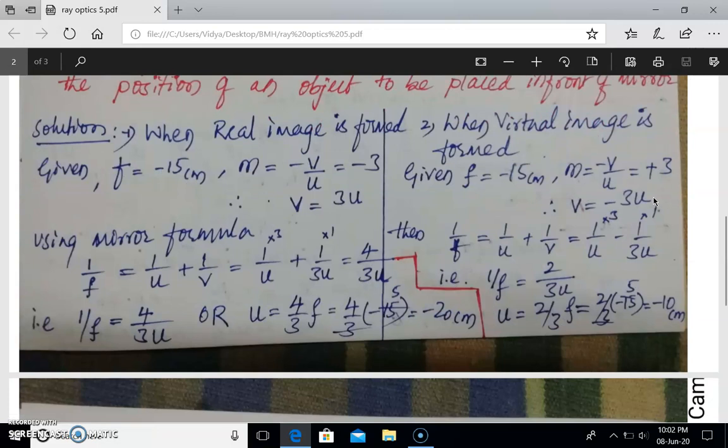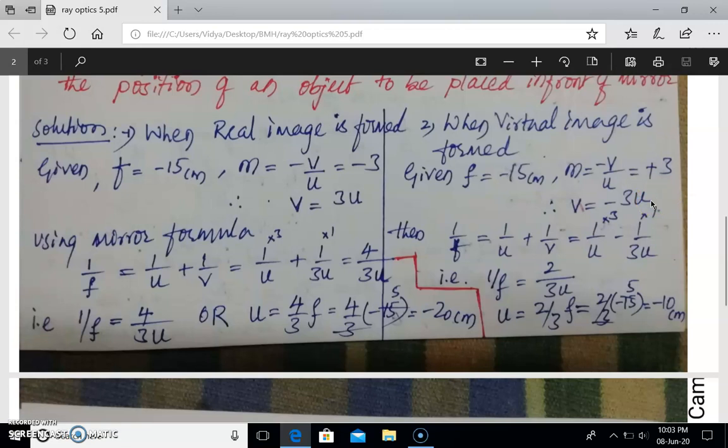When a real image is formed, keeping the object in front of concave mirror, then the linear magnification M equals minus V by U equals minus 3.